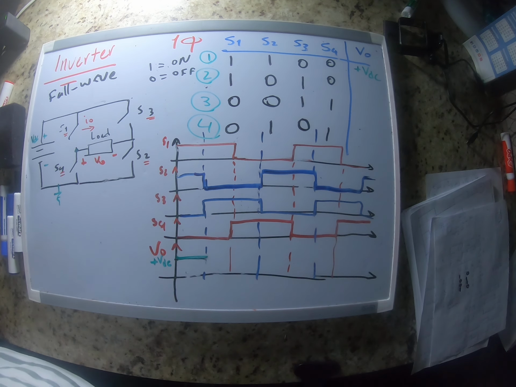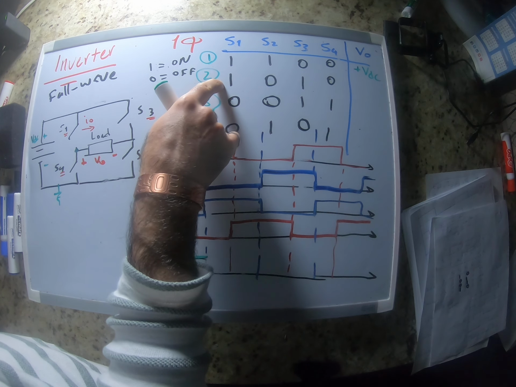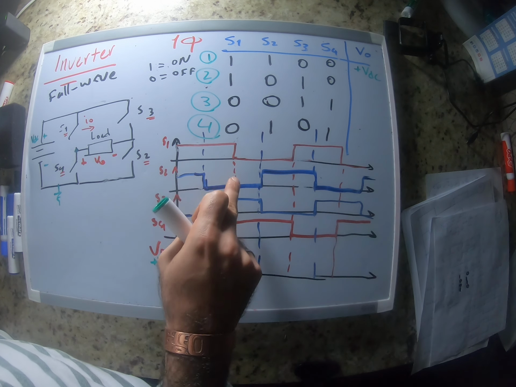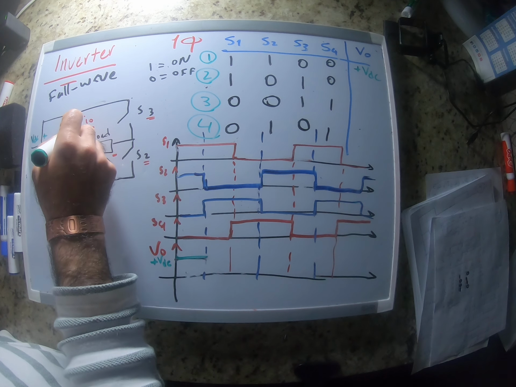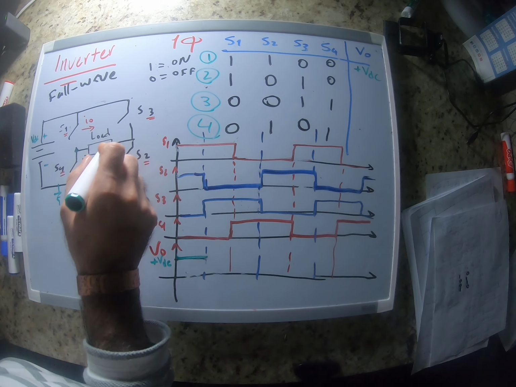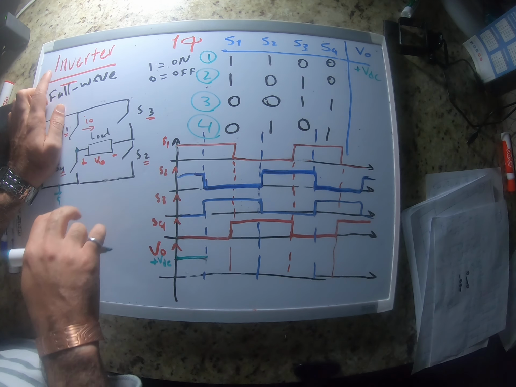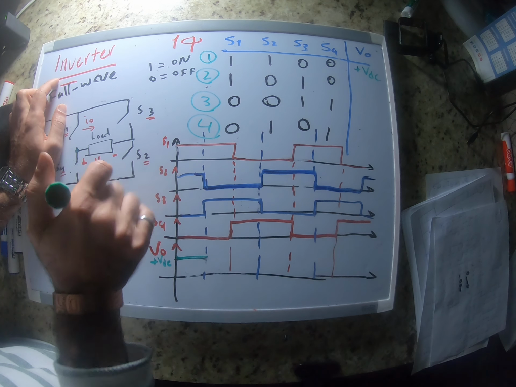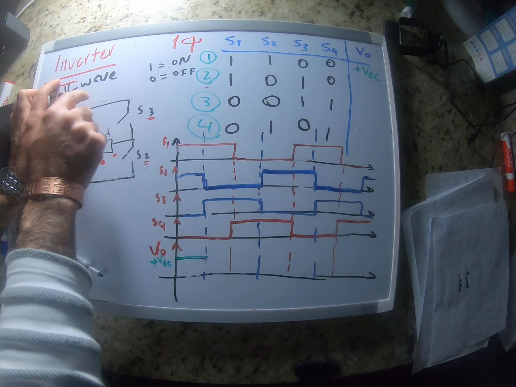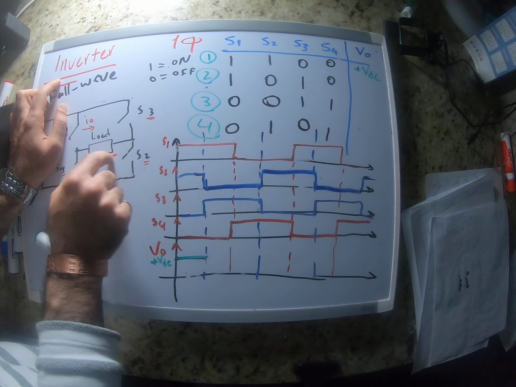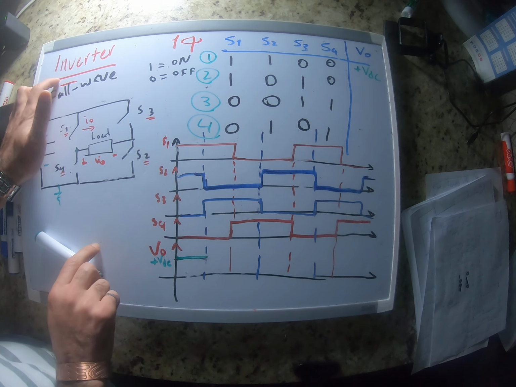Now we're going to keep S1 on, turn S2 off, and S3 goes on. So S1 is closed and S3 is closed. Our circuit is limited to the load, S1 and S3, and S1 and S3 create a short circuit here, right?